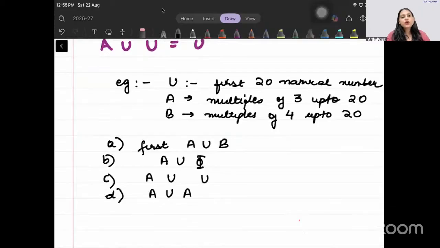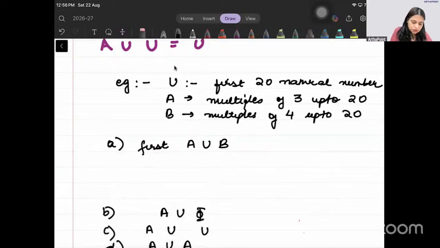एक ही बारी में यूनियन इंटरसेक्शन अच्छे से समझ लेना, because this would be used in your stats also. When we will be doing probability, we will be reusing this, okay? So A is multiple of 3 up to 20.